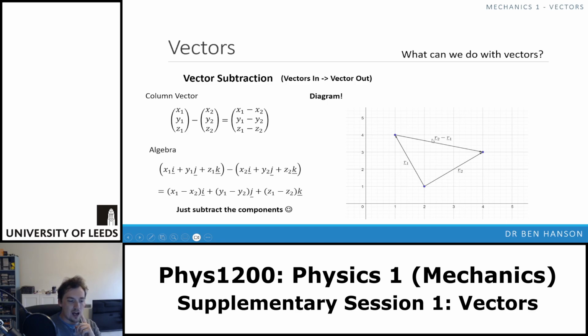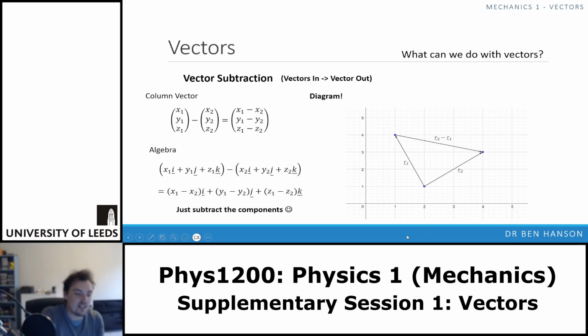So R1 add R2 minus R1 equals R2. If I do the addition operation along this path, we get the vector R2 out. So this must be R2 minus R1. That's one way of thinking about it. So this works out. That's nice.